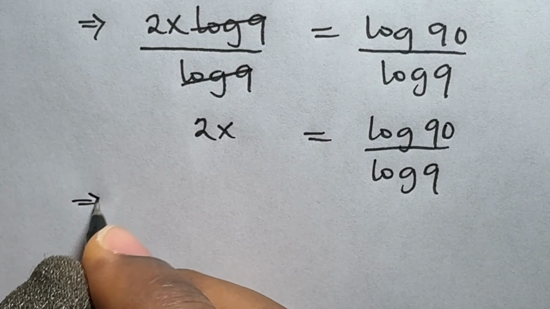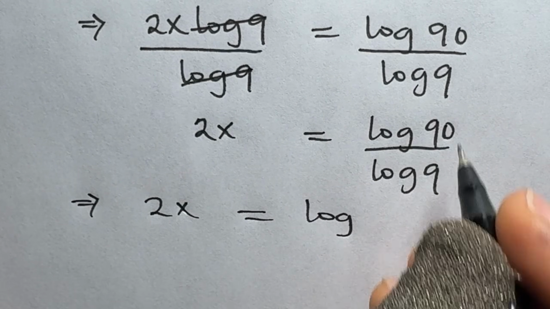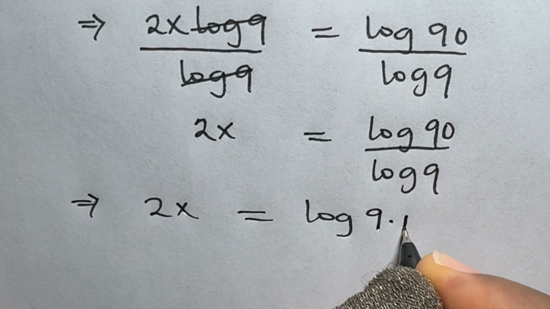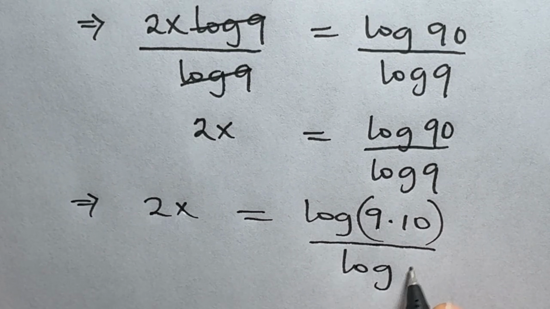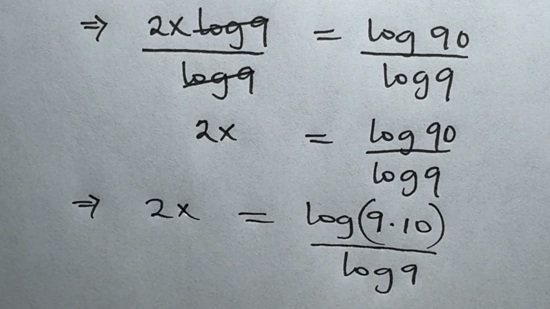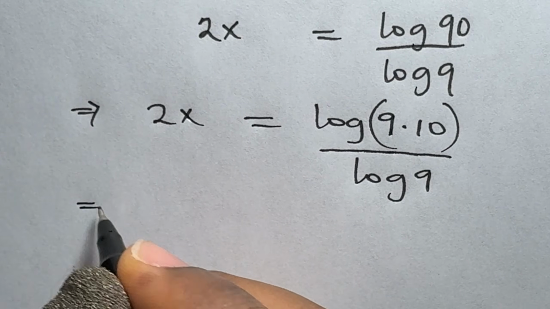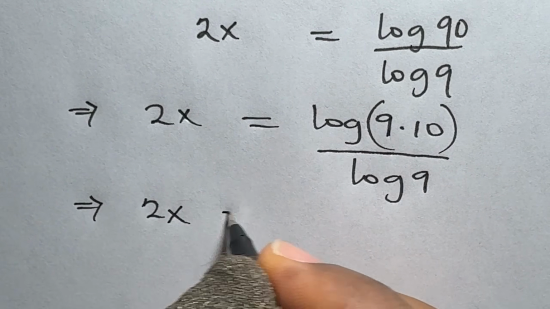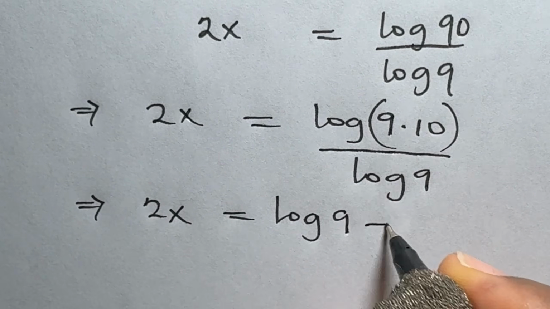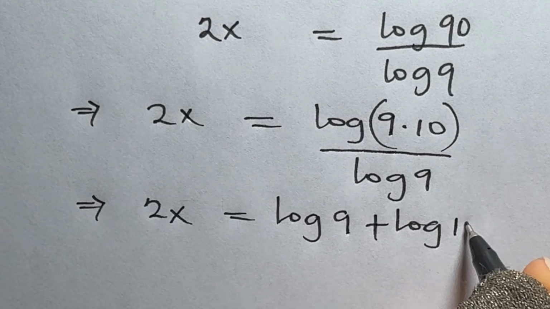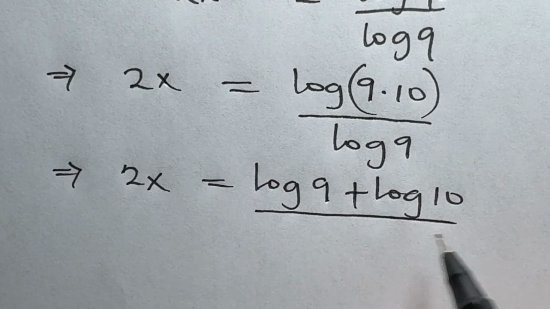This implies that 2x is equal to log 90, I can rewrite as 9 times 10, then divided by log 9. This implies that 2x is equal to, one can rewrite this as log 9 plus log 10 by law of logarithm, then divided by log 9.